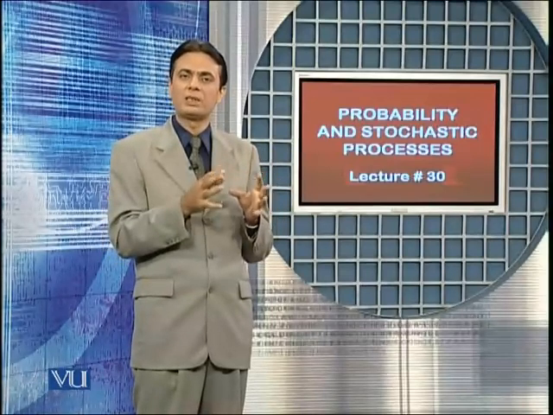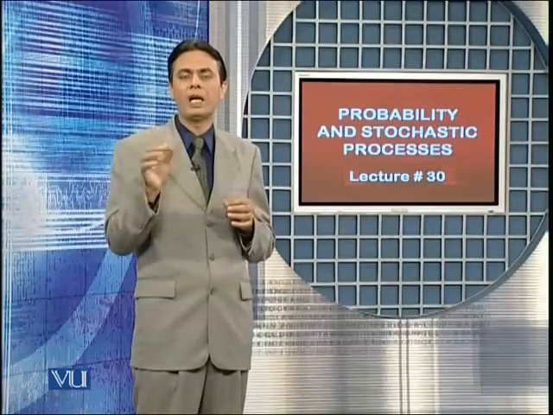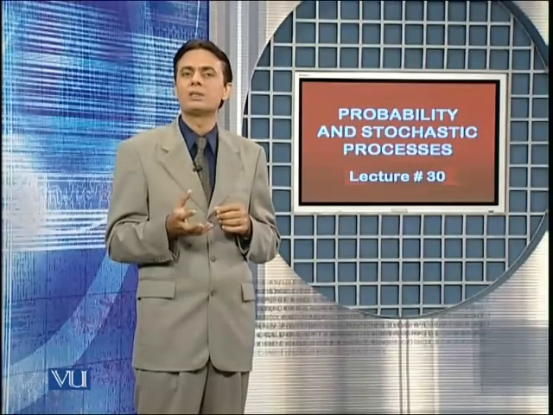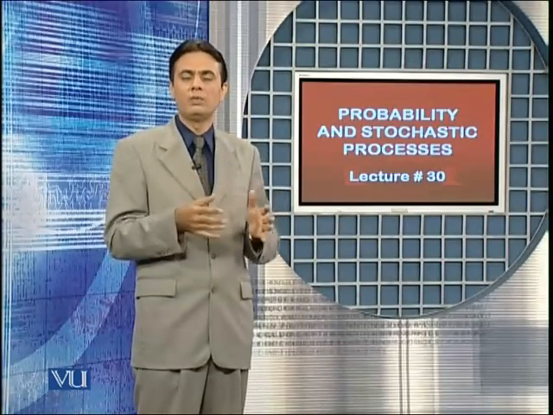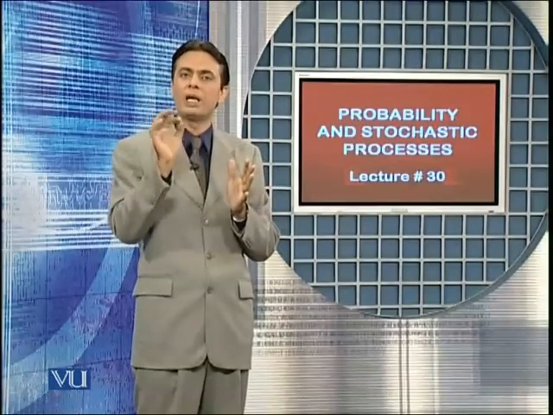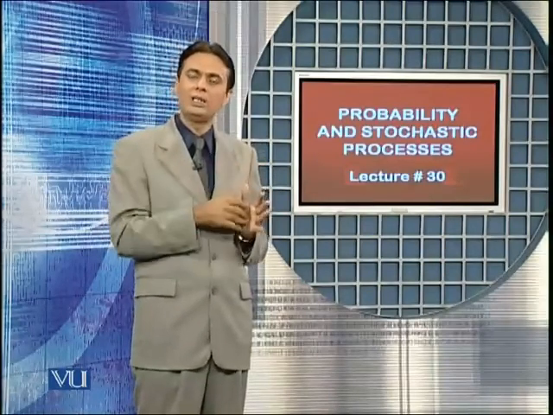This type of expression e raised to power j omega x is usually used in harmonic analysis of signals. So here we are taking PDF of x and putting e raised to power j omega x next to it and then integrating it.